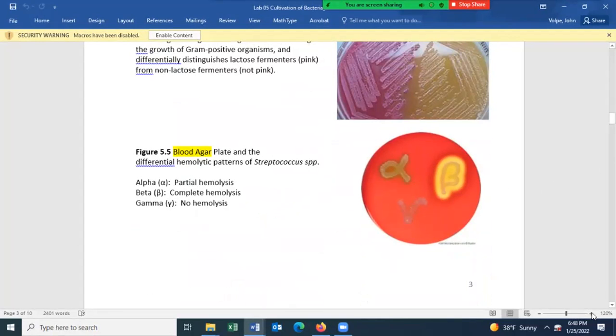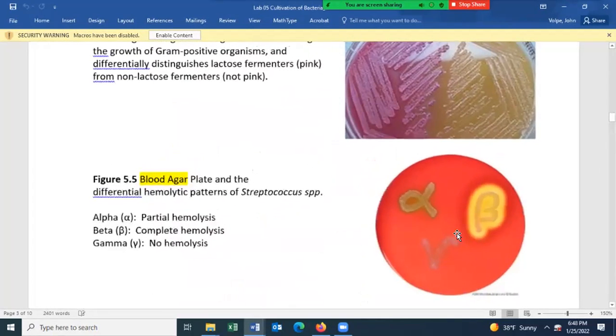You can have cells which have alpha hemolysis, and you see the darkening of the media around the alpha as well as inside the alpha. The darkening is from partial hemolysis of the blood. And then you can also have beta hemolysis, and that makes complete lysis of the blood cells.